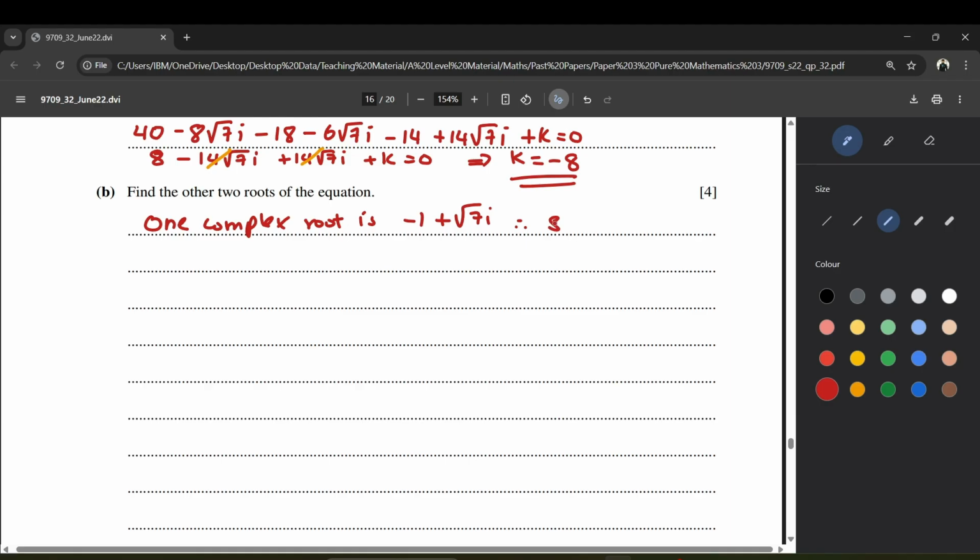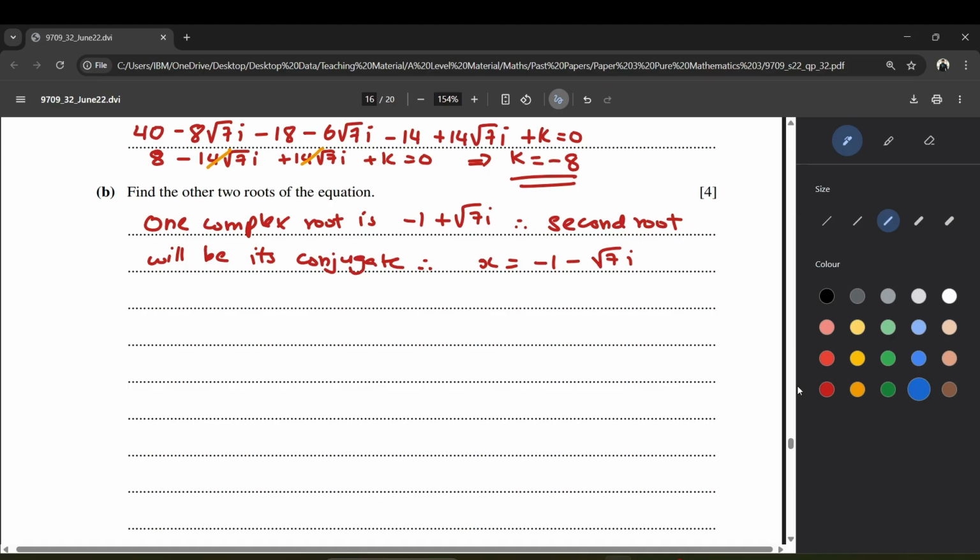So therefore, the second root will be its conjugate. So therefore, we can say x is equal to minus 1 minus root 7i. So that is the conjugate. Okay. All right. Now, for the other factor, because this is a cubic equation, we found two roots, right?